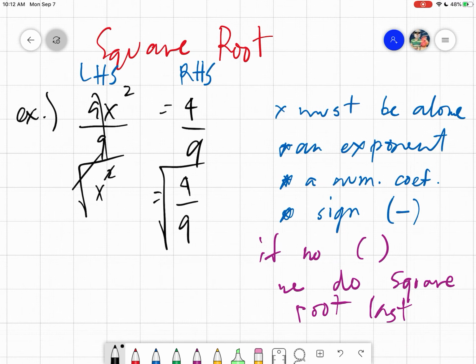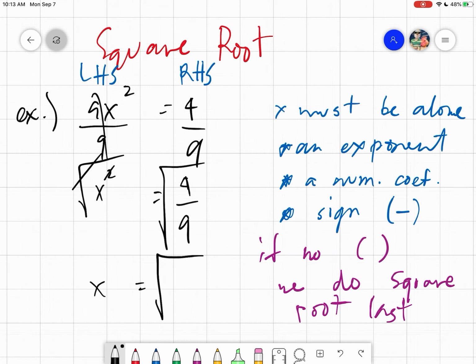The square and the square root are cancelled out, so this becomes x. You will notice that x is alone already. It no longer has an exponent beside it, no numerical coefficient, and no minus sign.